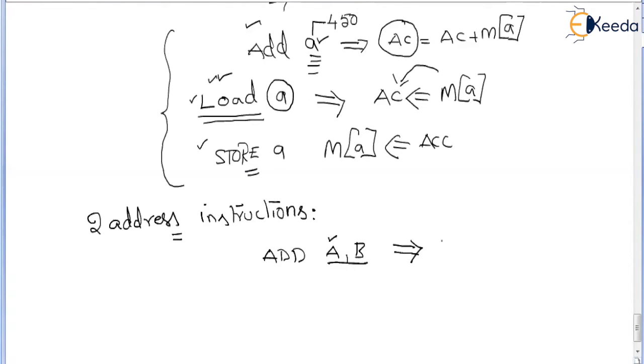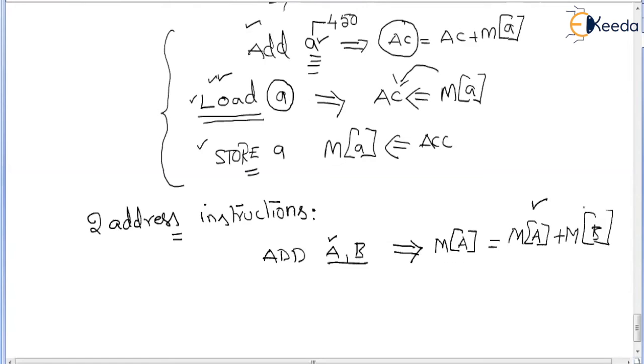That is, memory of a is equal to m of a plus m of b. Memory location A and memory location B will get added and finally will get transferred to memory location A. So this is add a comma b.